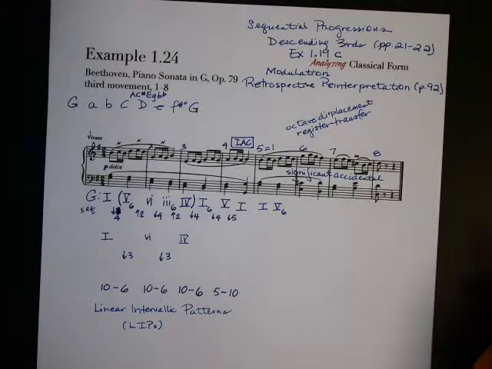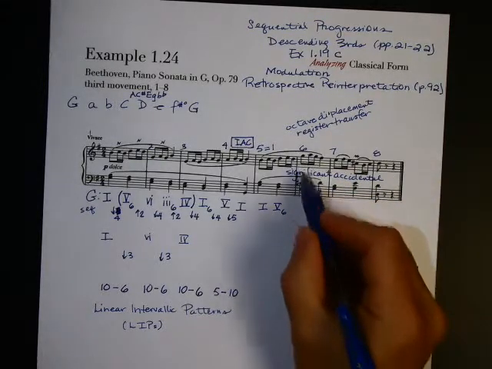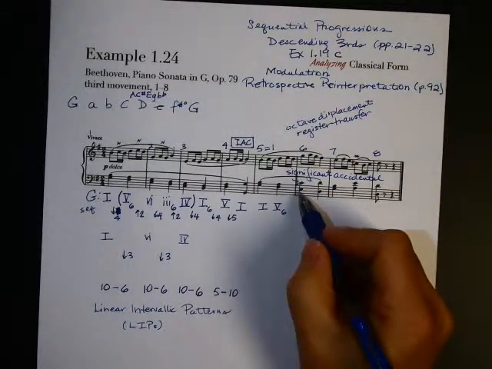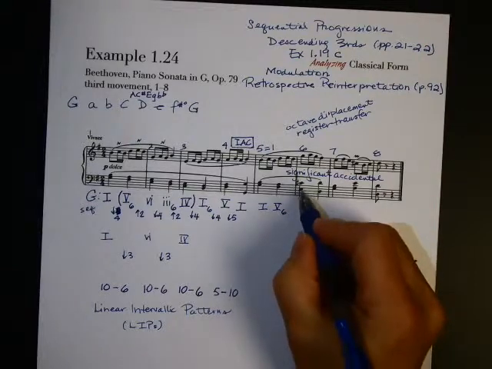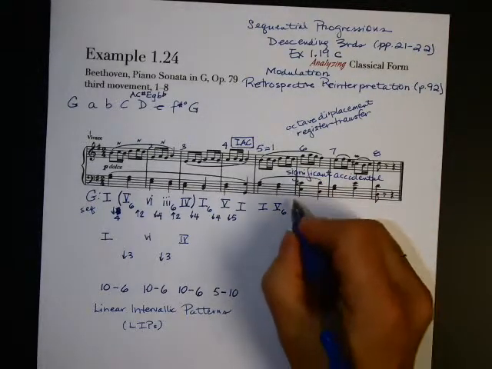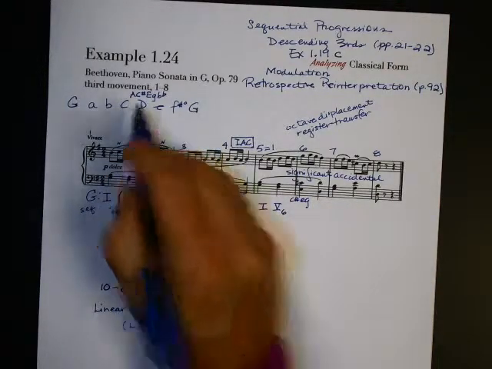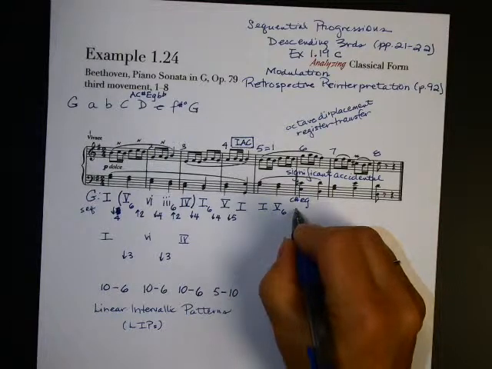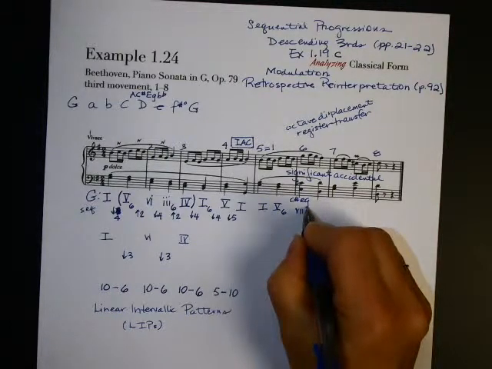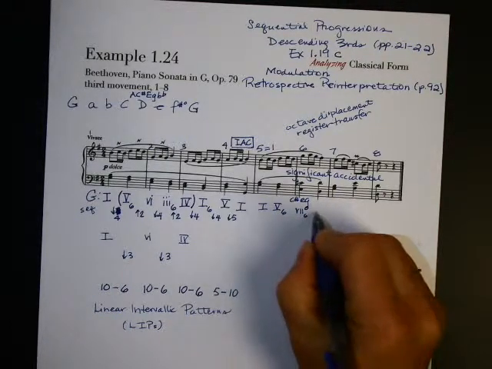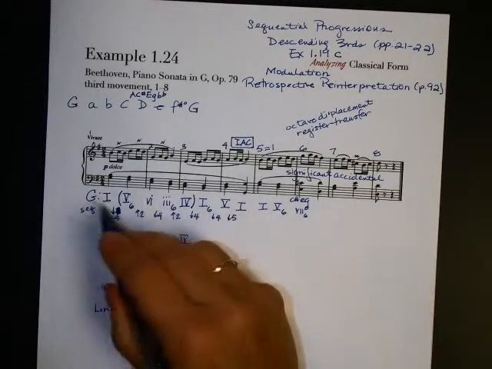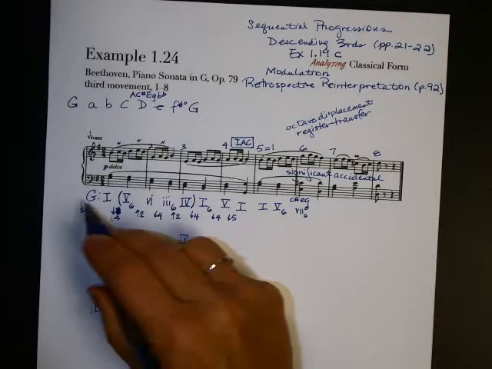In terms of D major, E, C sharp, and G, C sharp, E, G, that is our leading tone triad to the key of D. So in terms of D, this is the 7 diminished in first inversion going out to D major, which as long as we're still analyzing in the key of G, that's the 5.